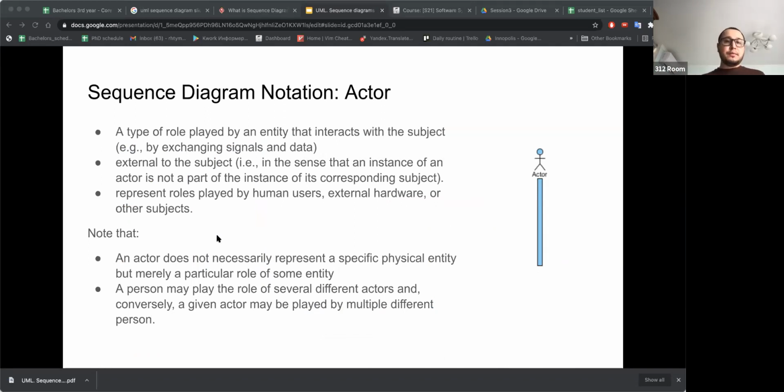If you have a manager object within your system, and the manager has several roles such as administrator, observer or inspector, each of these roles should be represented separately. You represent an actor with a human-like stick figure, and its lifespan is this vertical box.